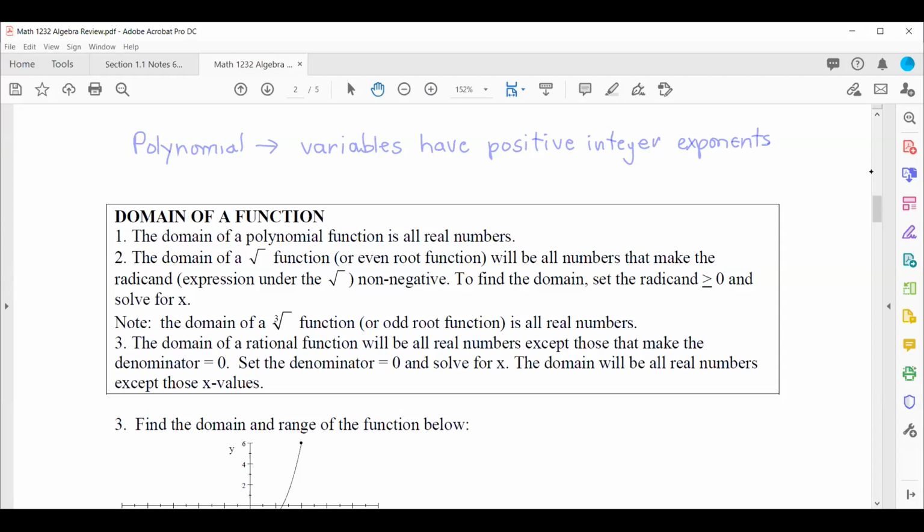And what that means is that there are no variables in the denominator, and there are no variables under a radical.